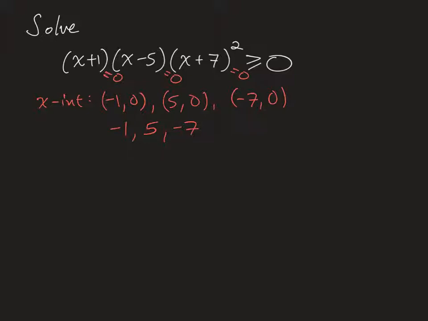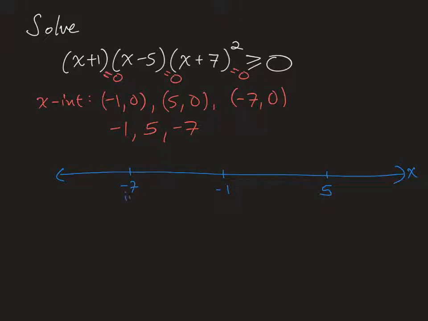Then, on a number line, you'll plot those numbers, right? You've got to pretend this is the x-axis. So we have to make sure they're in the correct order. -7 would be here, -1 would be here, 5 would be here, maybe not to scale. And you want to label these.